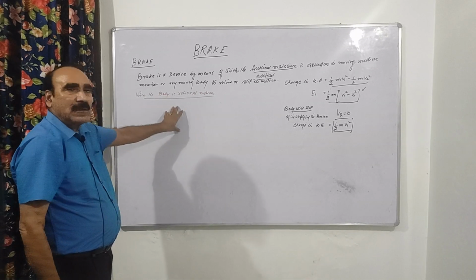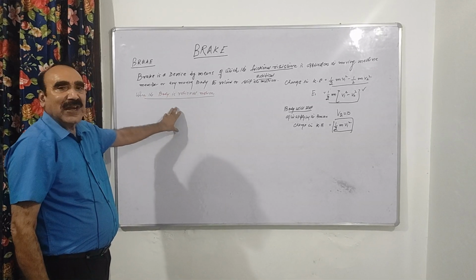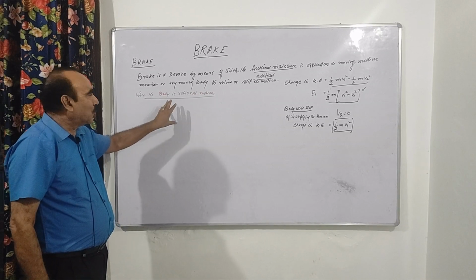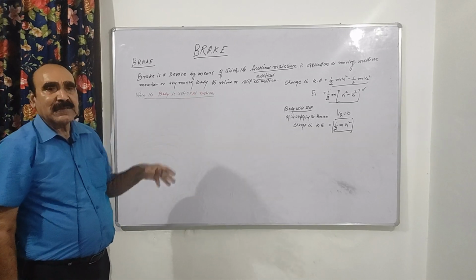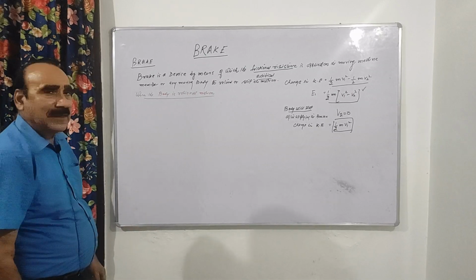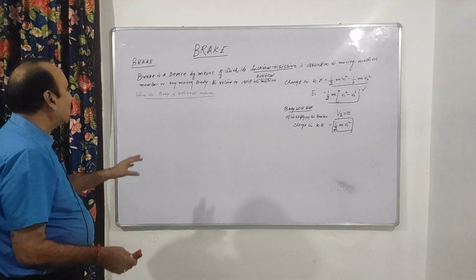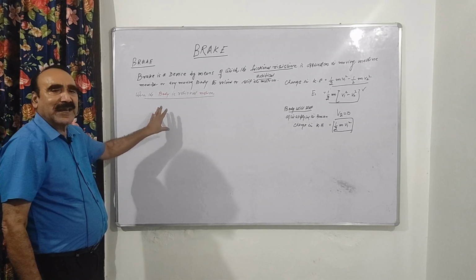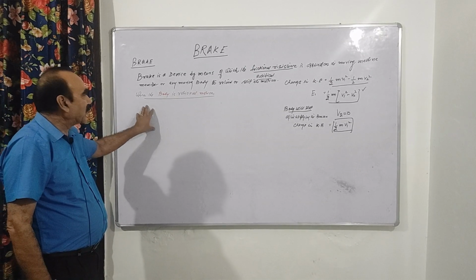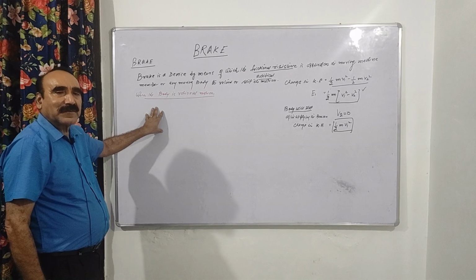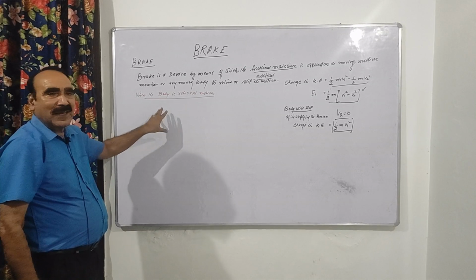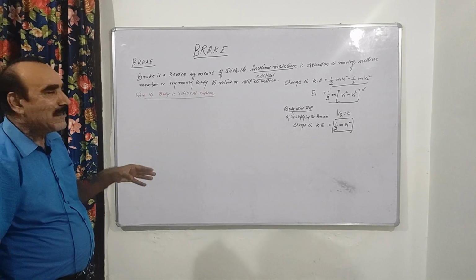So its angular velocity is reduced. Suppose the body is rotating with the angular velocity omega 1 at its own axis, and now I am putting the brake on that body, what happens? After applying the brake, your angular velocity will change, it will reduce.